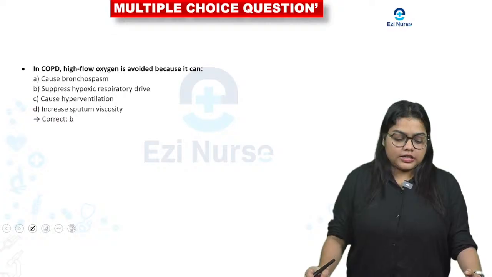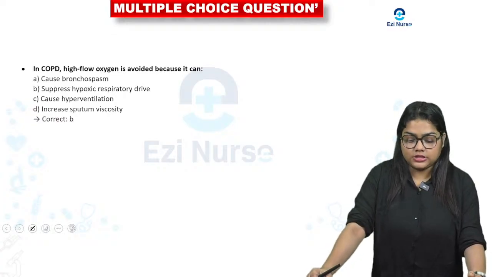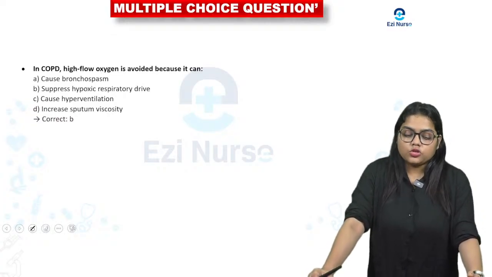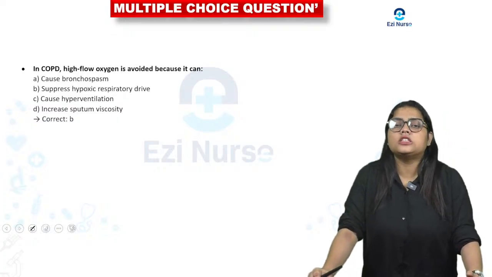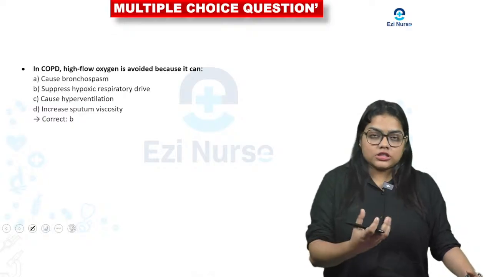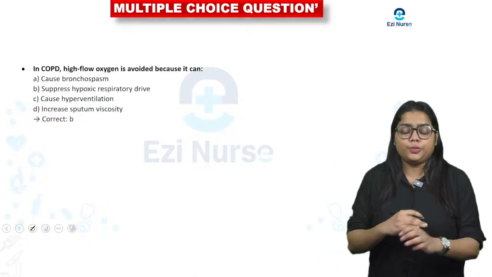The first question is, in COPD the high flow oxygen is avoided because. In COPD cases, why is high flow oxygen avoided?